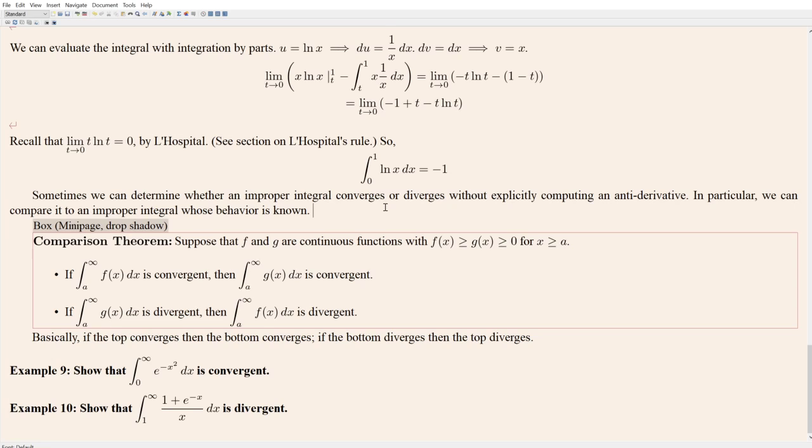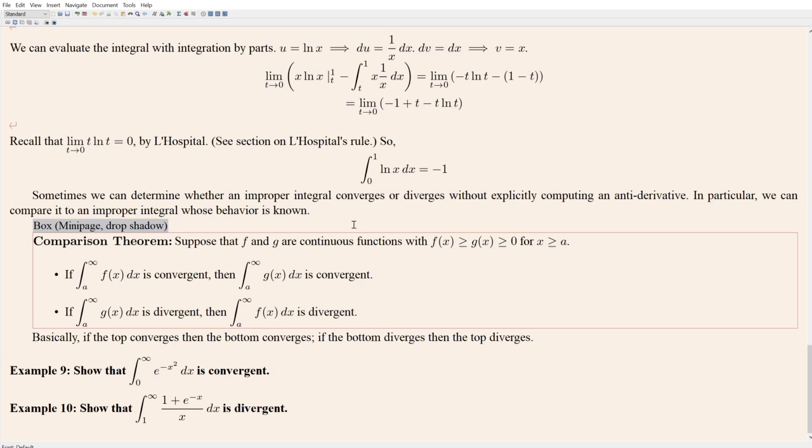In general, this is actually the much more useful strategy, especially because in quote-unquote real life, a lot of the integrals that you will be coming across are going to be impossible to evaluate by hand. So if you want to just determine whether it converges or diverges, you're going to have to use some other technique, since computing the antiderivative is sort of too much to ask for in general.